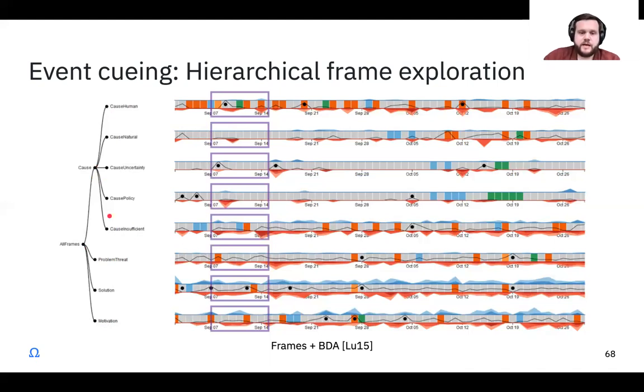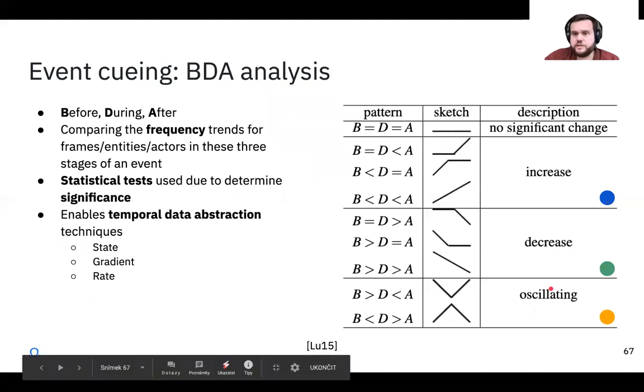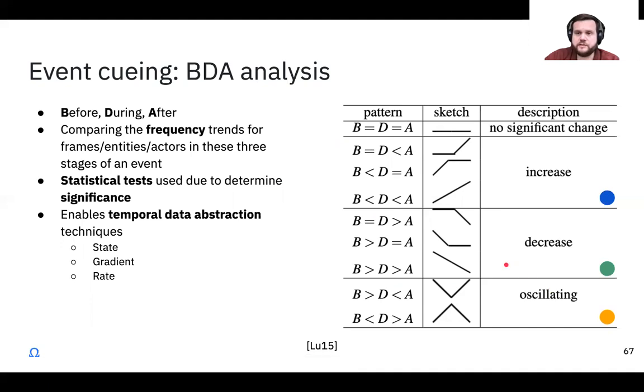Our timeline here is enhanced with the BDA analysis. As we discussed, if we see a significant increase, the window is color coded blue, decrease green, and oscillating orange. A slightly strange choice of color palette, if you ask me, but this is what they have used.